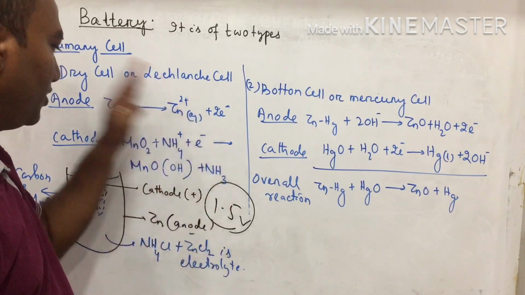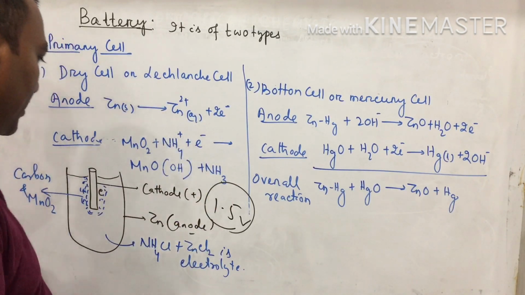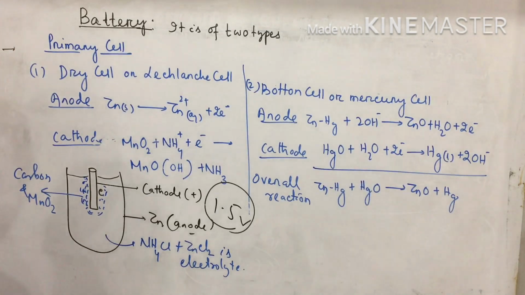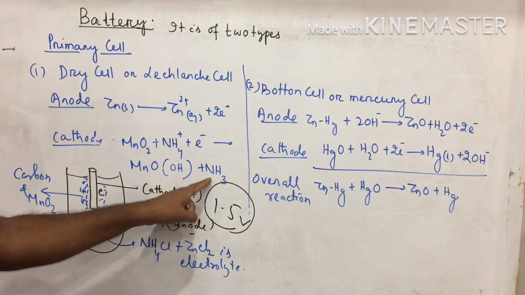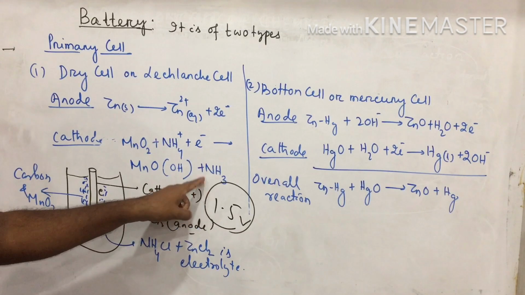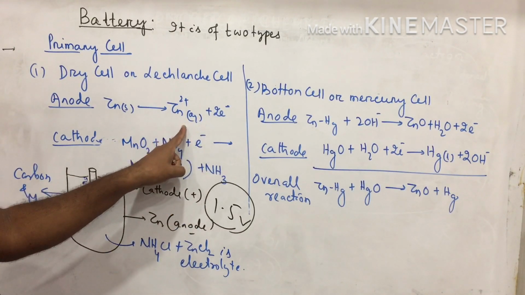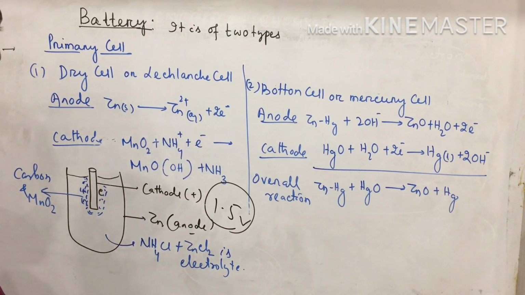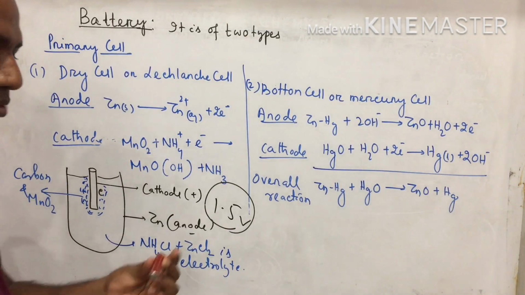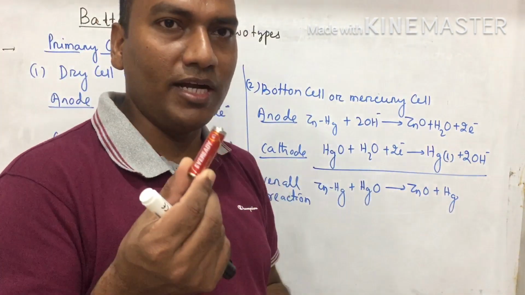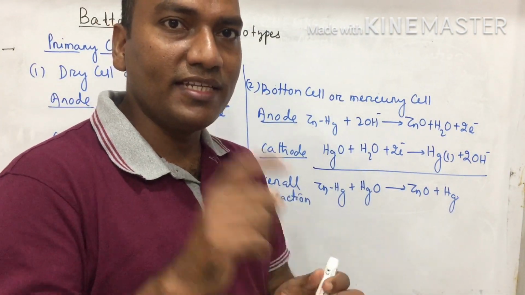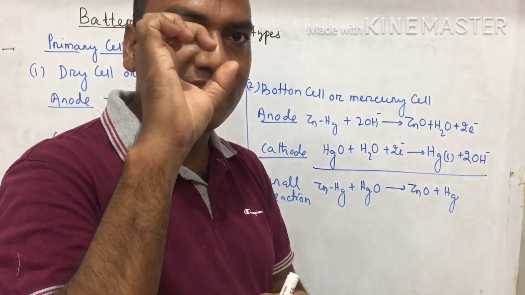Clear now? Then another important part you will remember: the ammonia gas produced reacts with Zn2+ and forms some complex. Suppose this is the normal everyday battery, but in a torchlight there is a little bigger and a little thicker one.